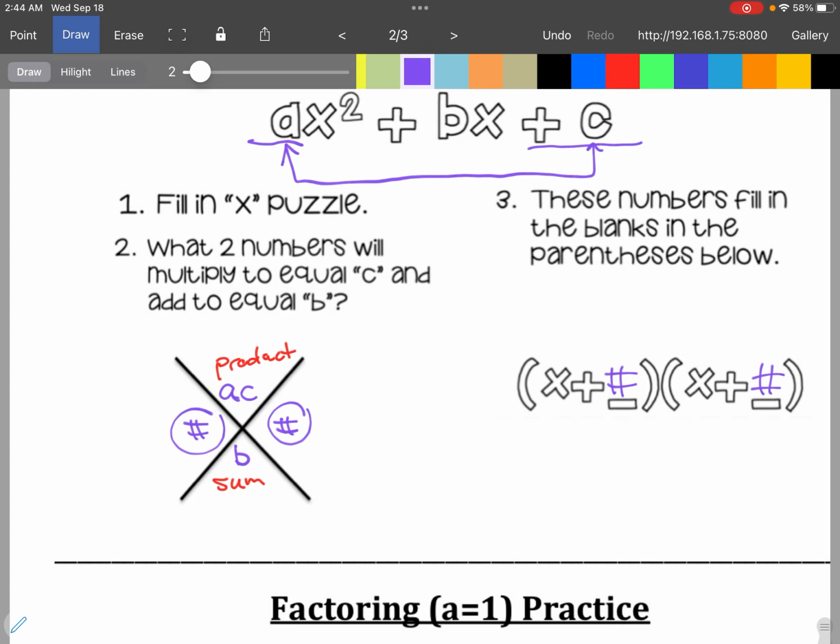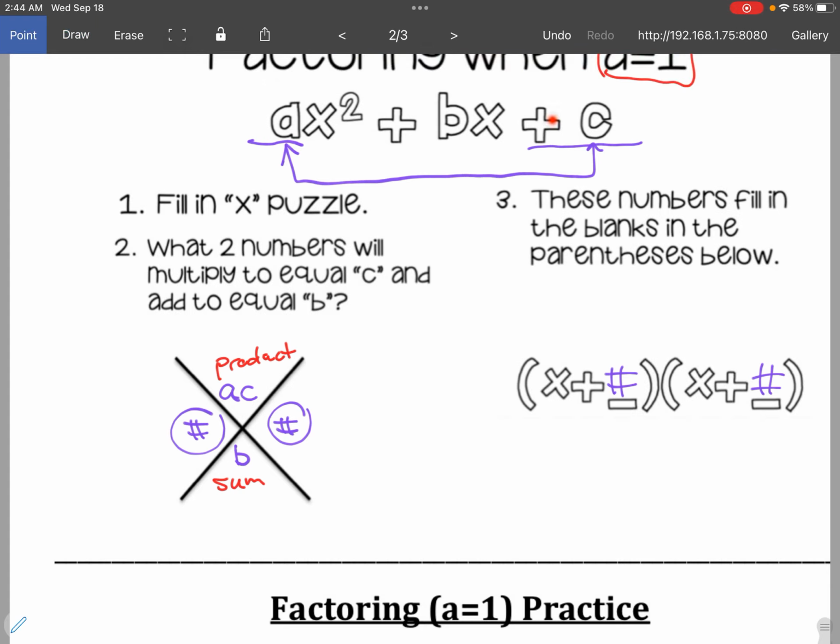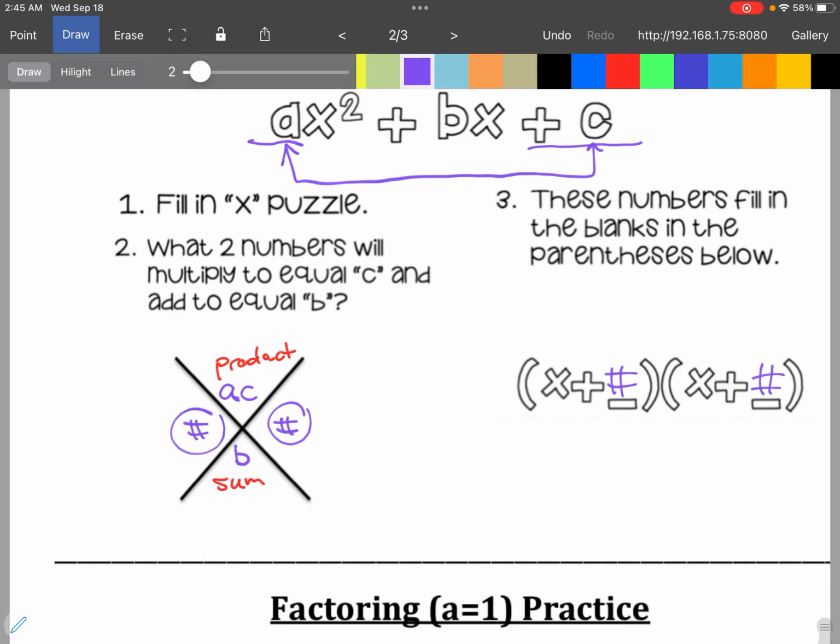C is the number, don't forget the sign as well, that does not have any variables attached to it, aka a constant. And your sum is always your B value, what your two numbers should add up to. So you're starting out with what two numbers multiply to A times C, and those same numbers add up to B.